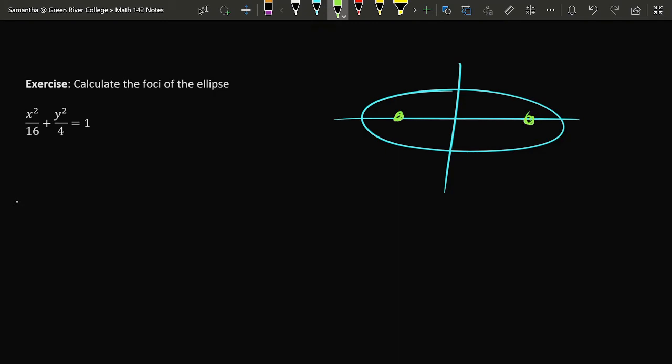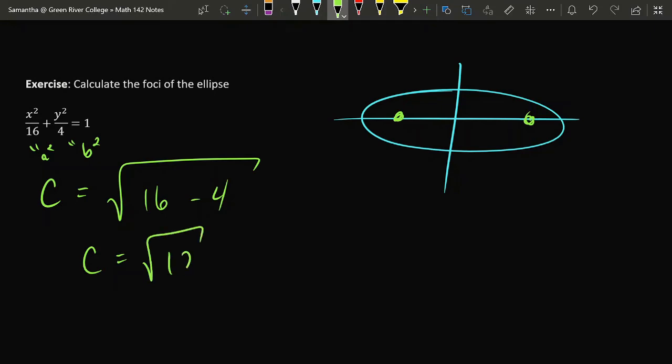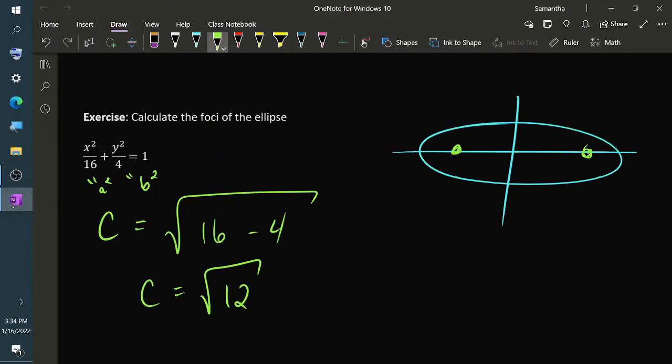So to find the exact position of the foci, I'm going to take c and set it equal to the square root of a squared, which is 16, minus the b squared, which is equal to 4. So c is equal to the square root of 12, which is approximately equal to 3.5 units.